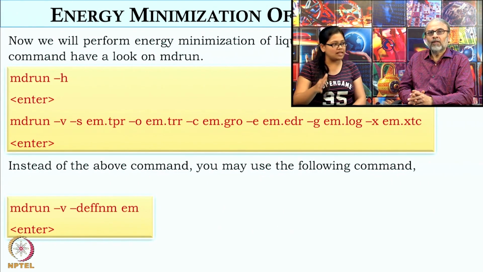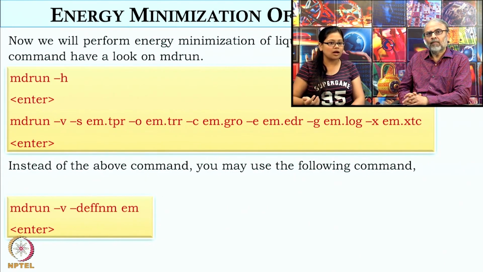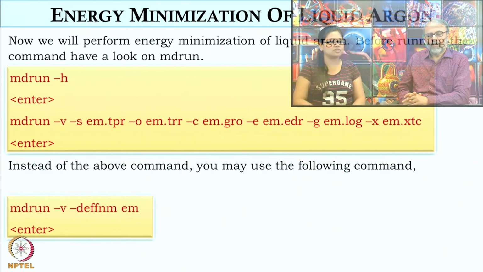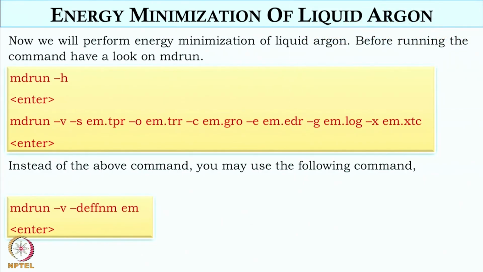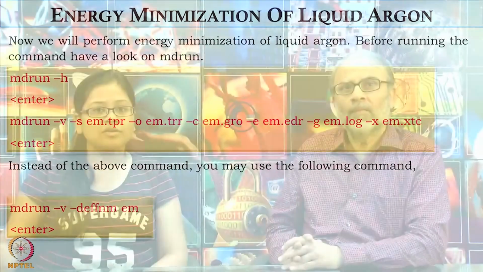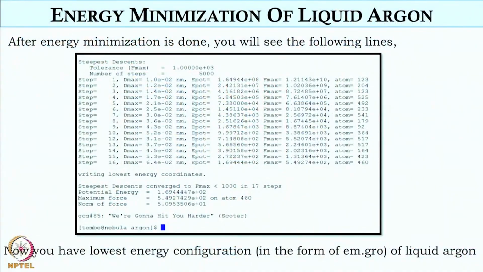Since we are using em, the TPR file from energy minimization, it will give us the output of energy minimization. This is the command which we can use instead of the large command previously, and it will give the same output. Now after energy minimization of liquid argon, we will see the following lines, where it will write the tolerance, number of steps, and then steepest descent converged to Fmax less than 1000 kilojoule per mole per nanometer.